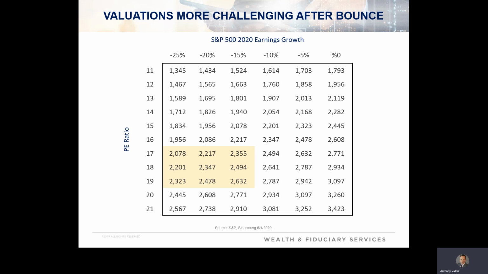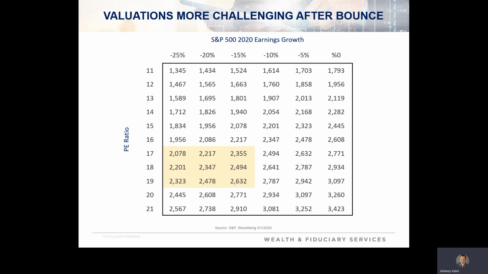I've highlighted some in yellow as what I think is a plausible scenario if earnings drop between 15 and 25%, and then the PE ratio is between 17 and 19, which is roughly an average PE ratio. And if profits stay at down 15% and the PE ratio is 19, then that equates to 2632 on the S&P 500.